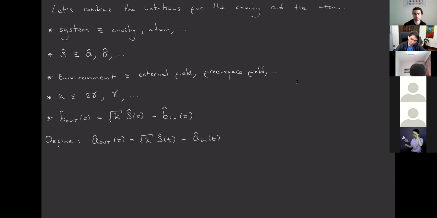In other words, the real output field is just the A output minus the laser part of the input. Let me write it explicitly: laser injection discounted. We discount the laser injection.